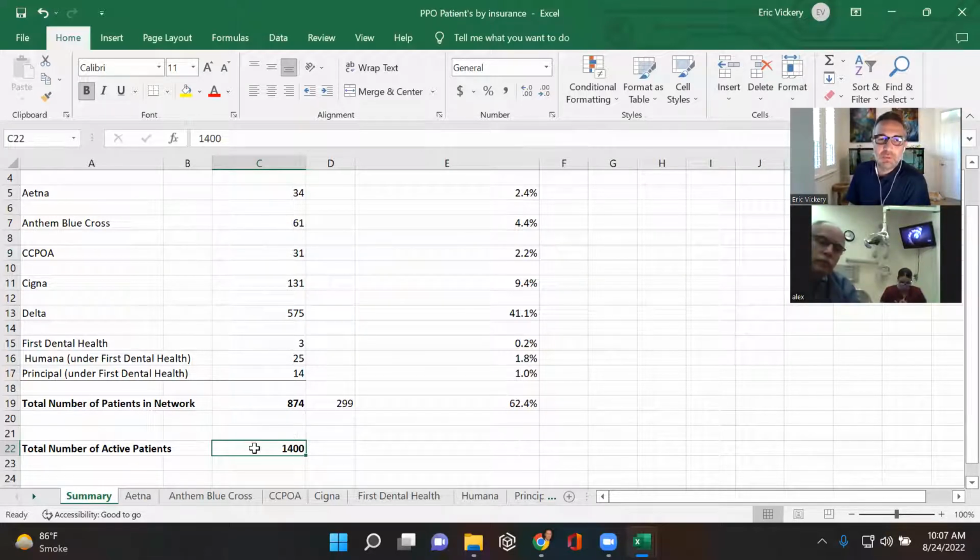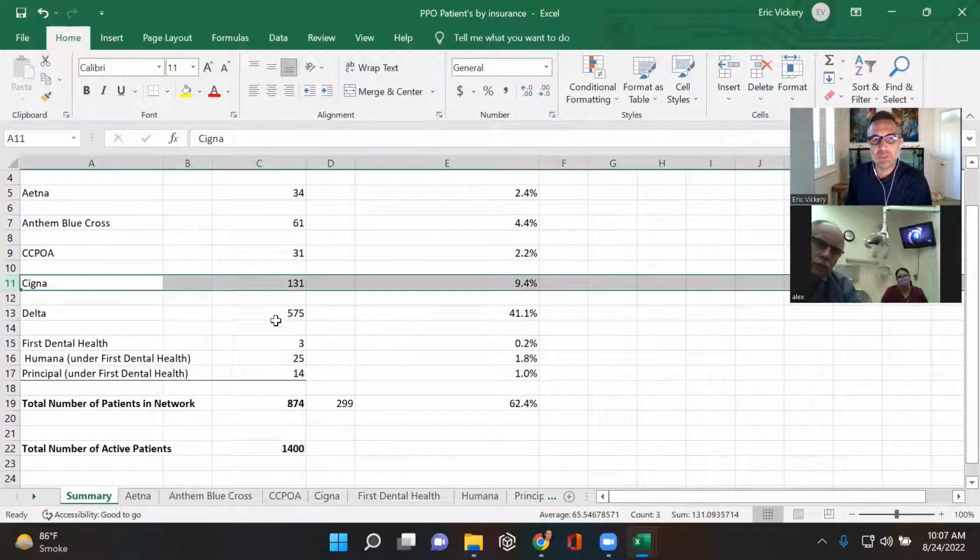So if you come back with a number that says 2,000 or 3,000 or 4,000, we're going to have to take that with a grain of salt and make some simplifications. The percentage will probably be okay. If you thought you had 3,000 patients and 400 were Cigna, the percentage would probably still be the same, unless a bunch of Cigna patients left your practice for some reason.